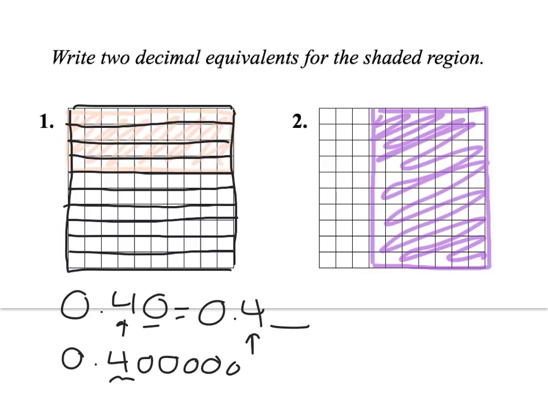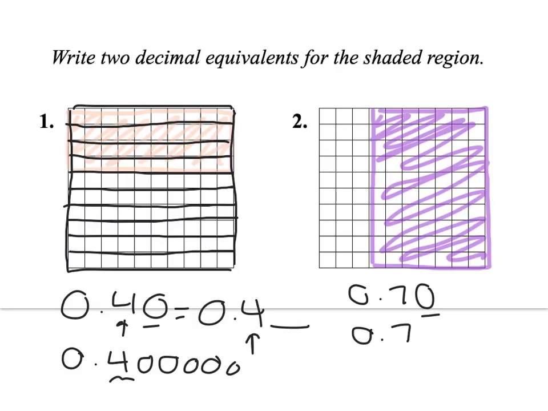Looking at the second problem, we have 10, 20, 30, 40, 50, 60, 70 out of 100 total divisions shaded. So we would express that decimal as 70 hundredths. For a decimal equivalent, we may choose to drop that 0 because we know 7 tenths would be equal to that number.